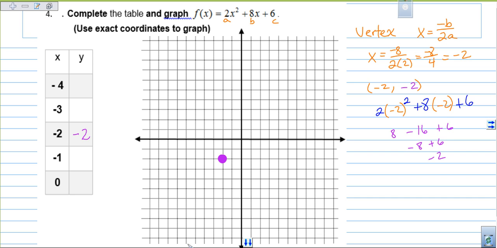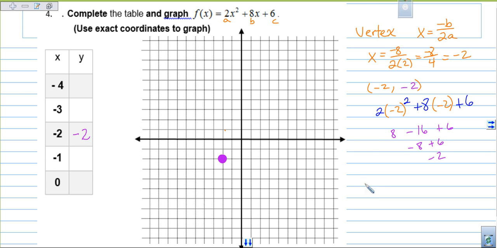Okay? So then we need to find the other coordinates. Now the way we do this is by plugging in 1, and since we put our vertex in the middle, whatever we do for this side, it becomes that on the other side. So I'm going to use negative 1, okay?